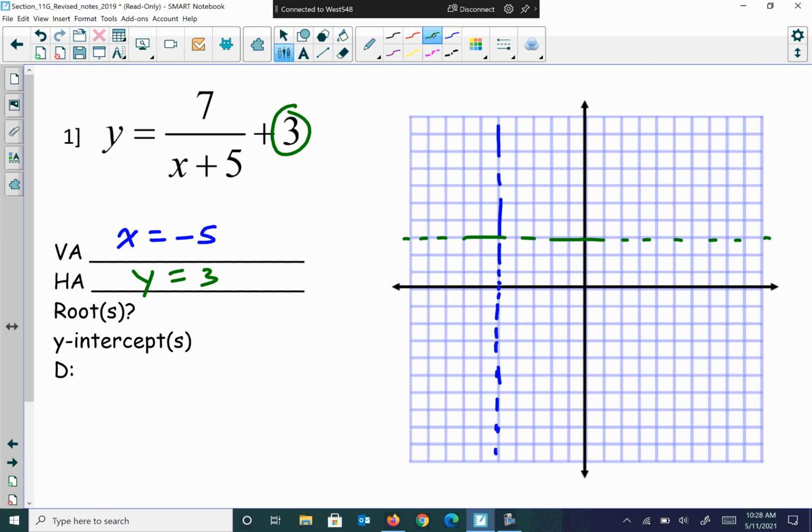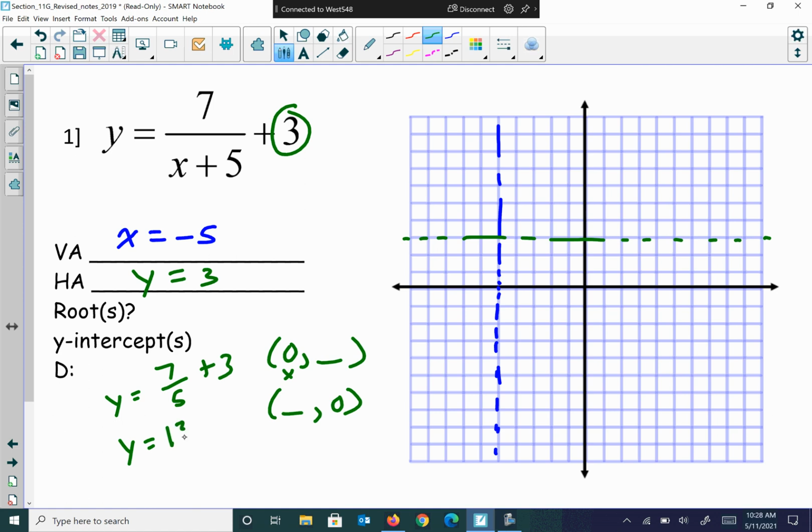And it's totally okay, once you know your asymptotes, to use these two points or items just to get it figured out. So this is obviously an x value, so you plug 0 in for x. We'll figure out the domain here in a second. So I get y equals 7 over 5 plus 3. So y equals, what is that?